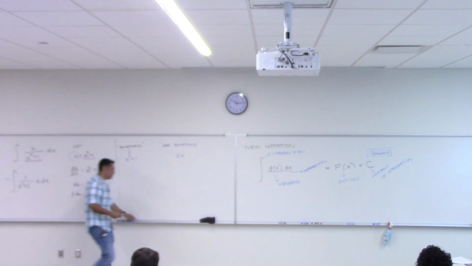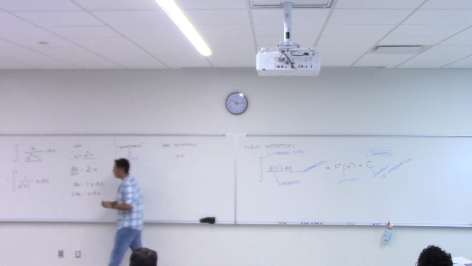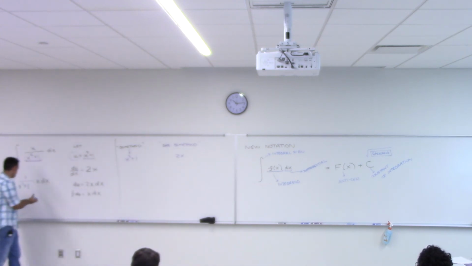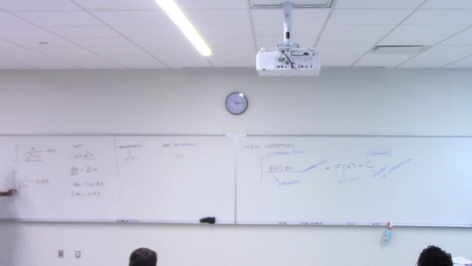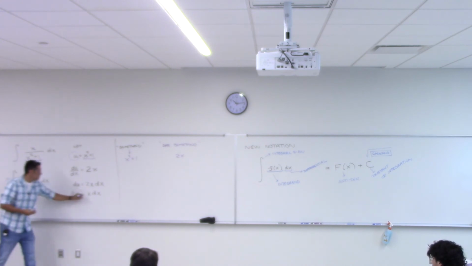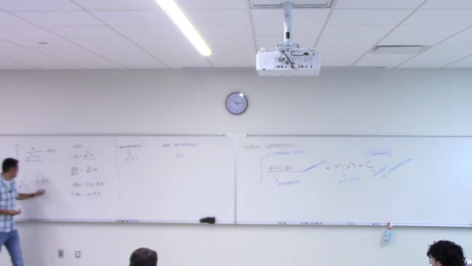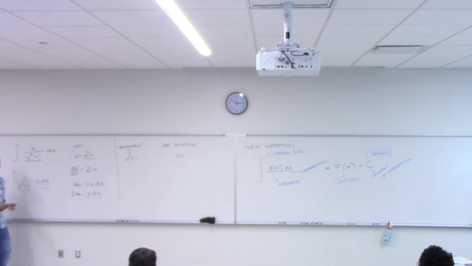I can replace everything now. This piece here is going to be replaced with u. And then the x dx, that's this, is going to be replaced with 1/2 du. Questions?